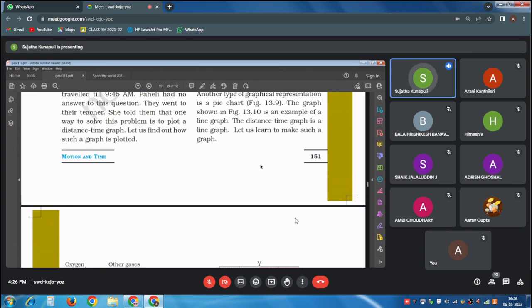If it is a bar graph, how to draw the bar graph. If it is a pie chart, how to draw it. We learned all those things in maths class.